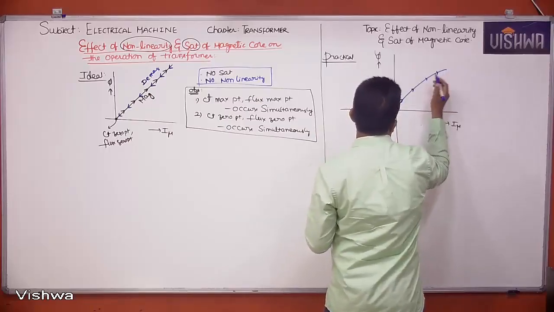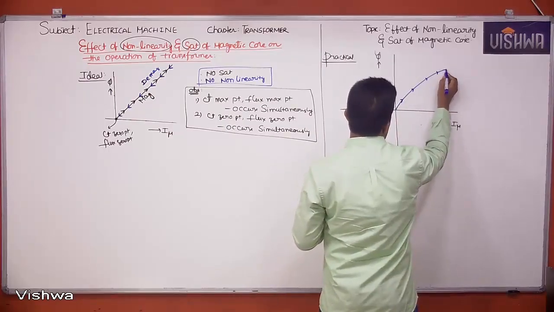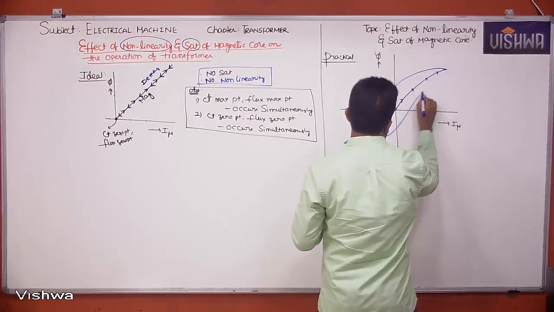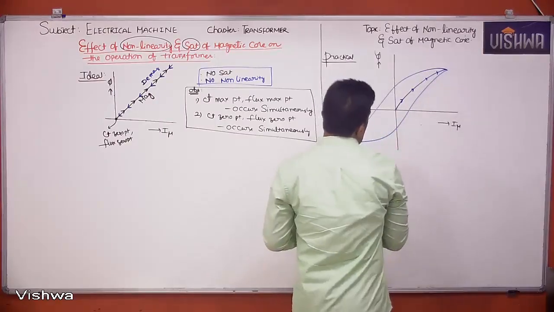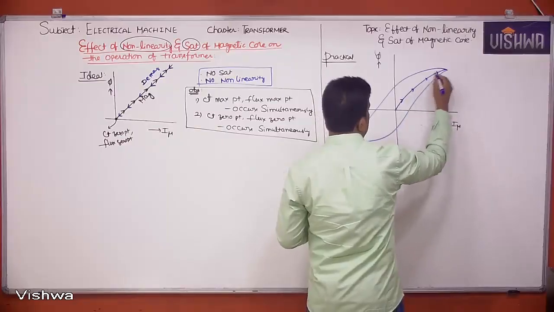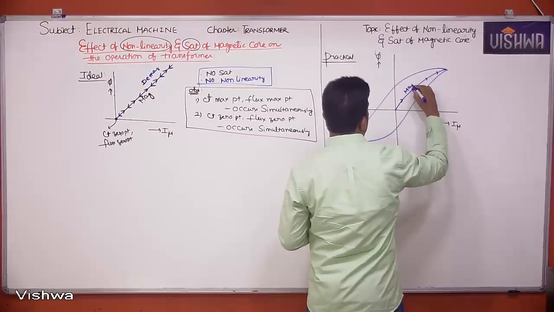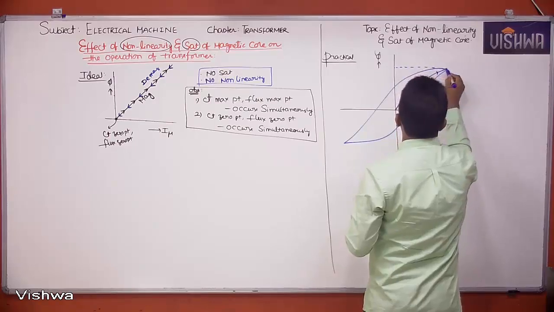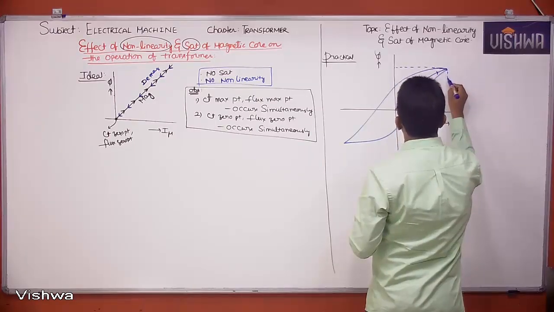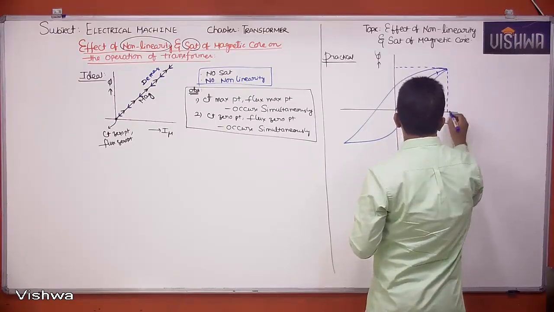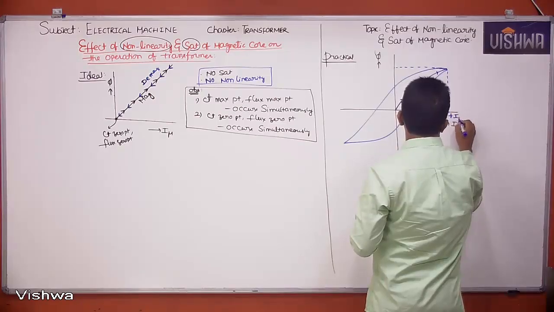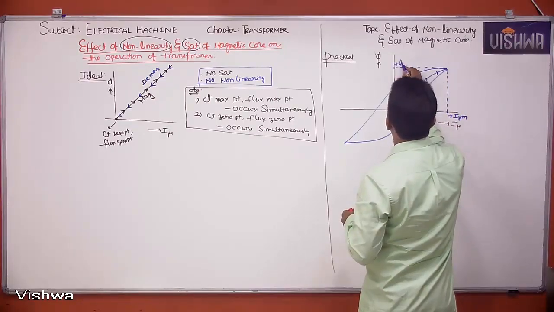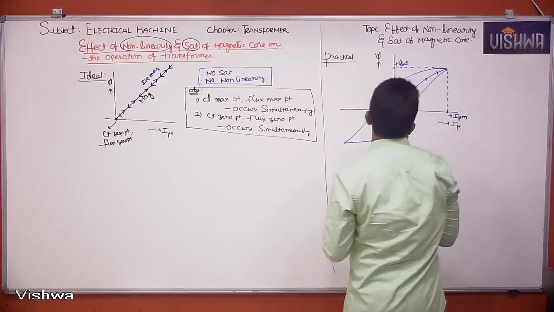Let me draw the flux curve first, then we can explain. If you increase I mu value, flux will increase like this. This is the path of magnetization. Here it will enter into saturation. This is plus I mu m, and corresponding to this you get plus flux saturation.